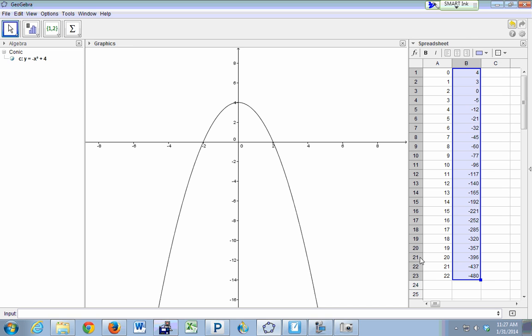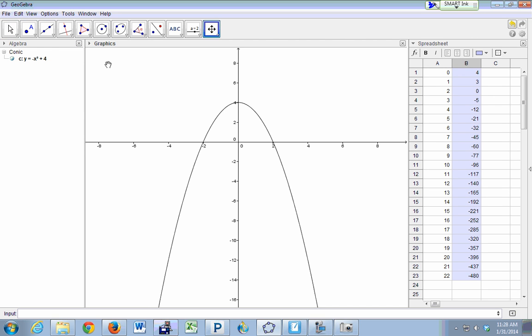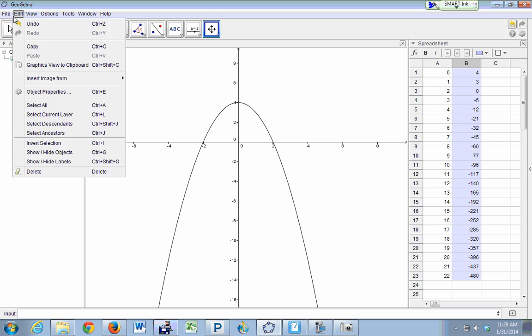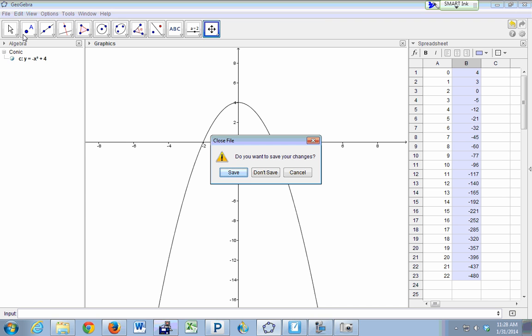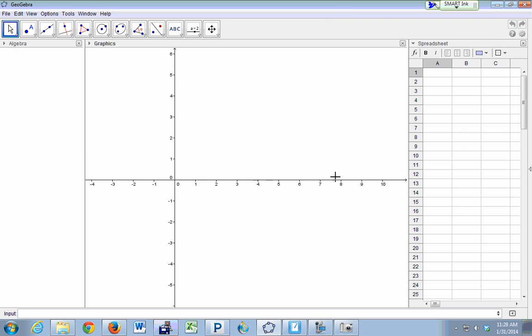All right. Suppose you didn't have this graphed already, and you wanted to put in a bunch of points. So let's go new, don't save. And I wanted to do that all over again. But let's say I just wanted to put in some points that I knew followed something in my head.